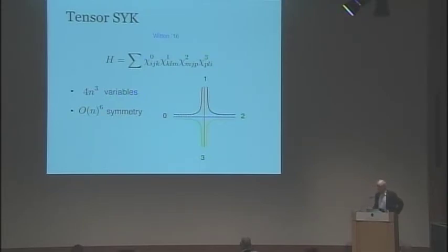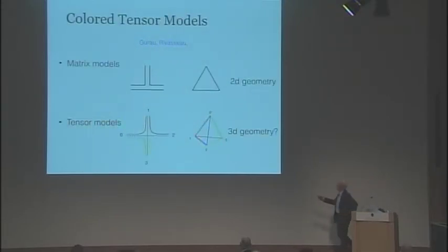These are models that have been studied by mathematical physicists who are interested in constructing models of higher dimensional geometry. Matrix models are famous for generating diagrams that tile two-dimensional surfaces.